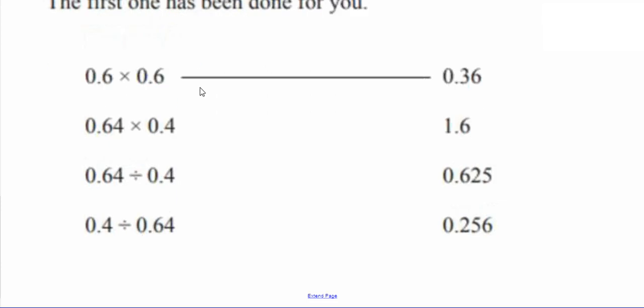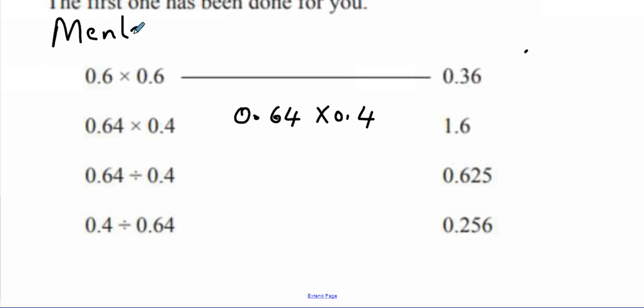And the question says 0.64 multiplied by 0.4. We have 0.64 times 0.4. Okay, so mentally, how do we do that question?